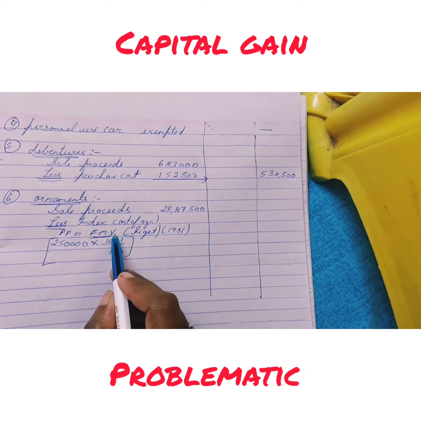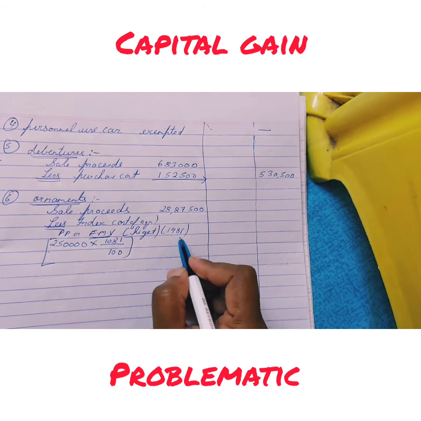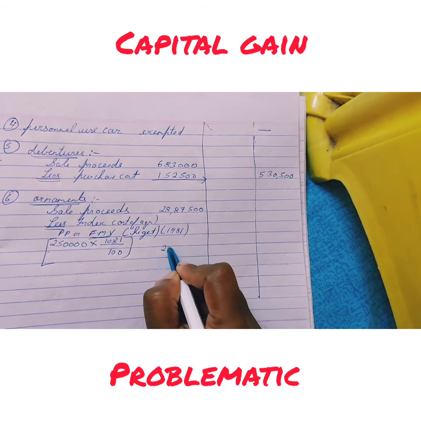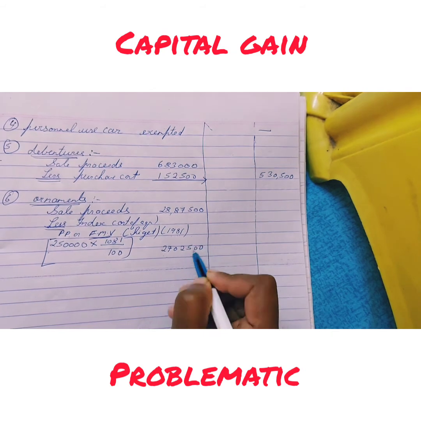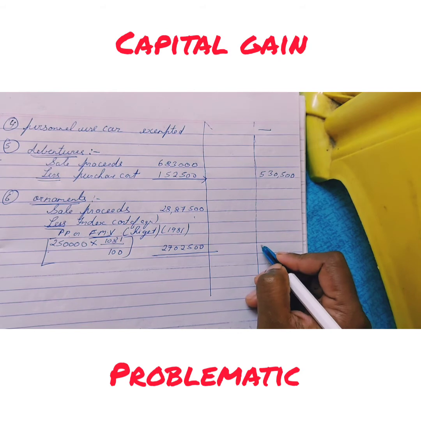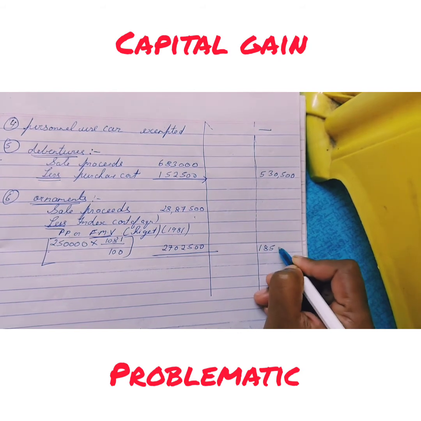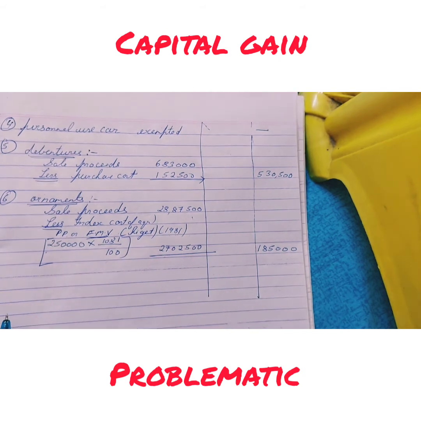So 1981 is the fair market value date, so the index of that. So after doing all the calculation, it comes around 27 lakhs 2,500. So after deducting from this amount, I got 1,85,000. Straight away I write it in the outside column because cost of improvement is not given.